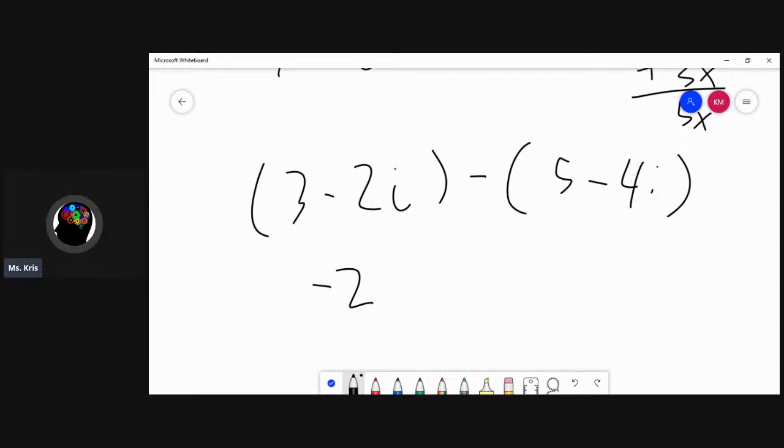And minus 2i plus 4i, because minus and minus makes plus, gives me a positive 2i. Any questions on adding and subtracting complex numbers?